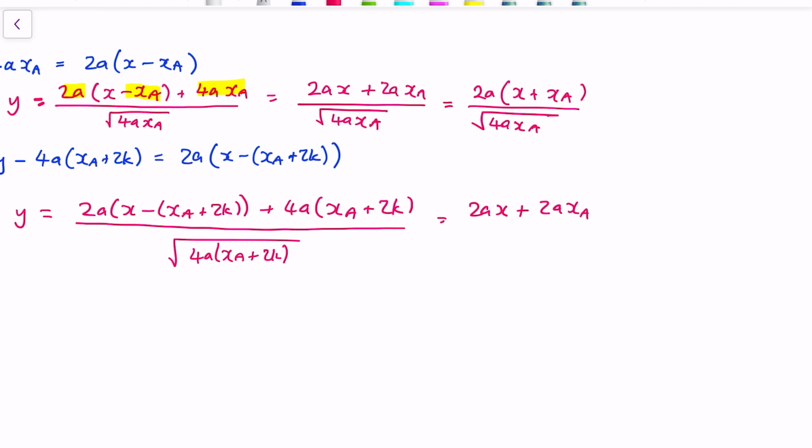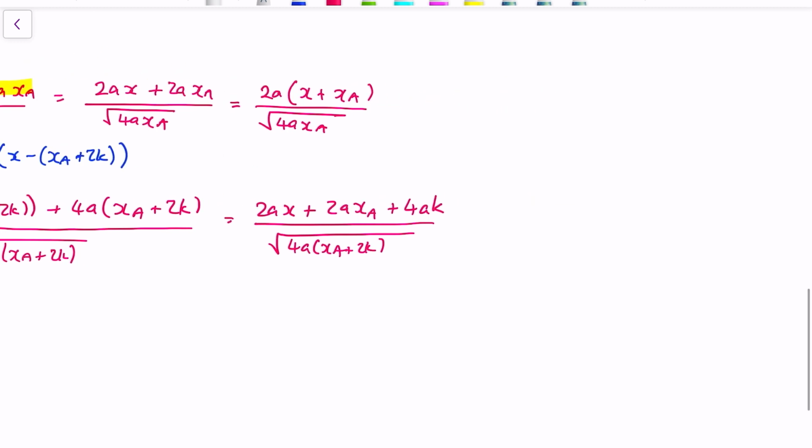And we've got a minus 4ak with an 8ak, so that's a 4ak. And then factor out the 2a again, x plus xa plus 2k. I could have predicted that was going to happen.